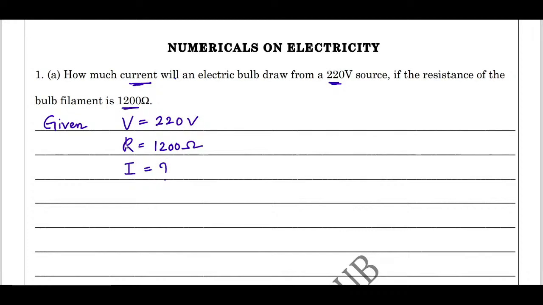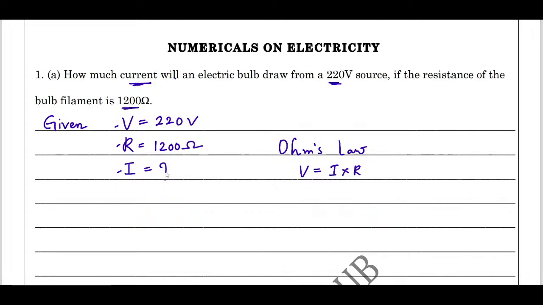See here, what is the relationship involving voltage, resistance and current? It is Ohm's law, right? So using Ohm's law, V equals I into R. Students, at least you should apply the formula in the exams. At least for writing the formula, you'll get the marks.